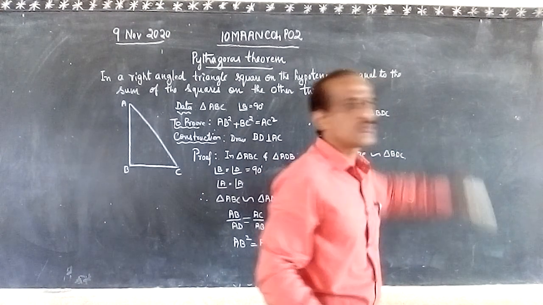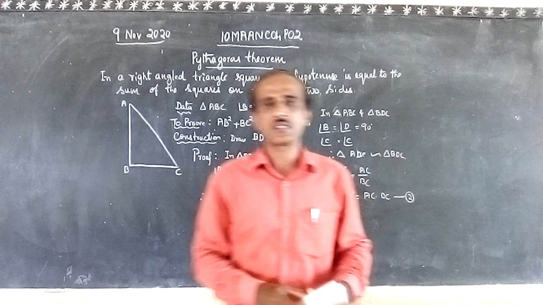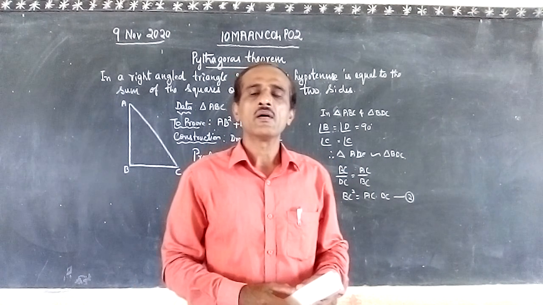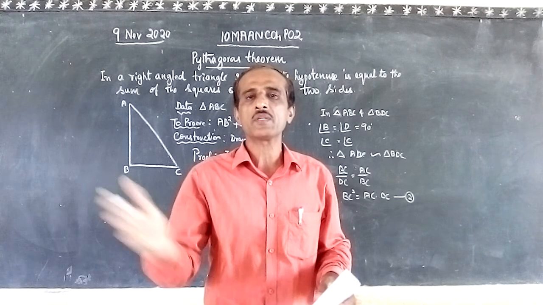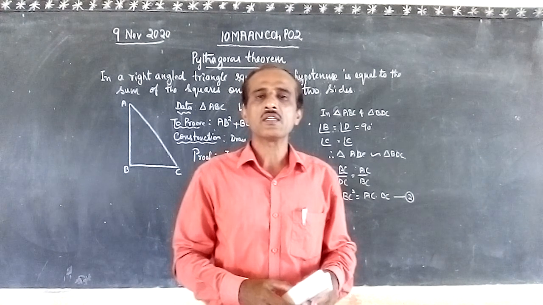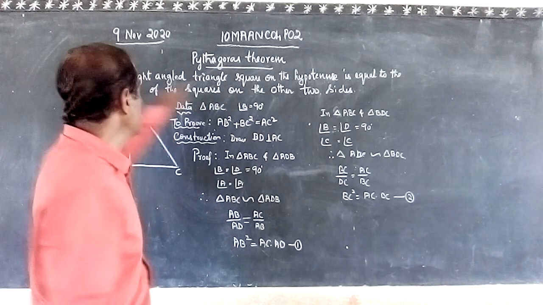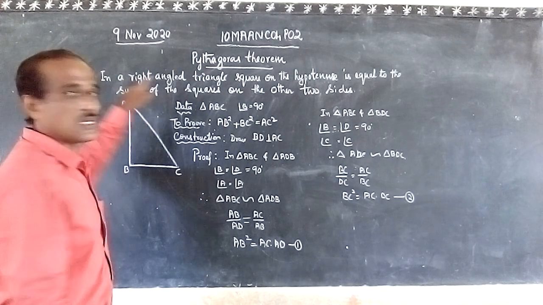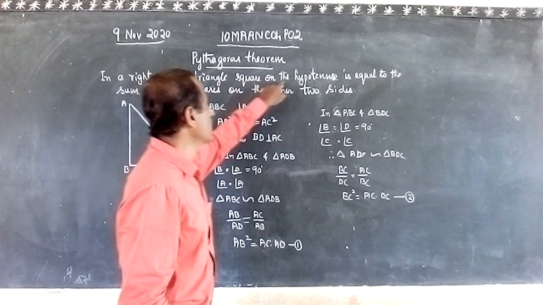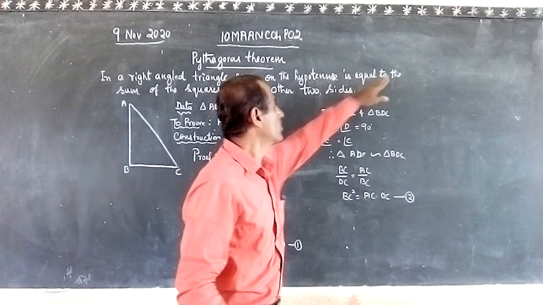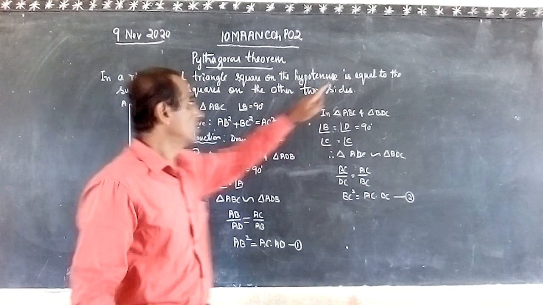This is a very important theorem. As I said in my last classes, the first part of the statement is always given, the second part of the statement is to be proved. The statement of the theorem is: in a right angled triangle, the square on the hypotenuse is equal to the sum of the squares on the other two sides.